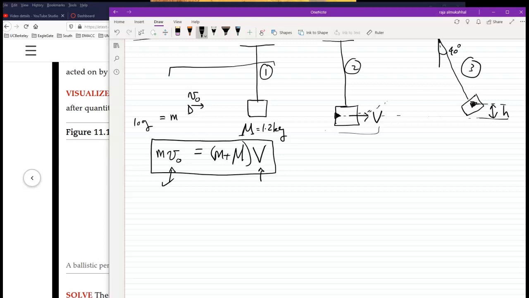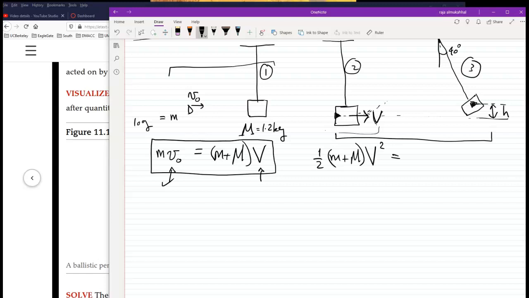Next stage is this. I want to look at stages 2 and 3 together using conservation of energy. Here, the moment that both the block and the bullet are moving with one big common velocity, it's all kinetic energy, equal to 1/2 (m bullet plus m block) V squared, big V squared.